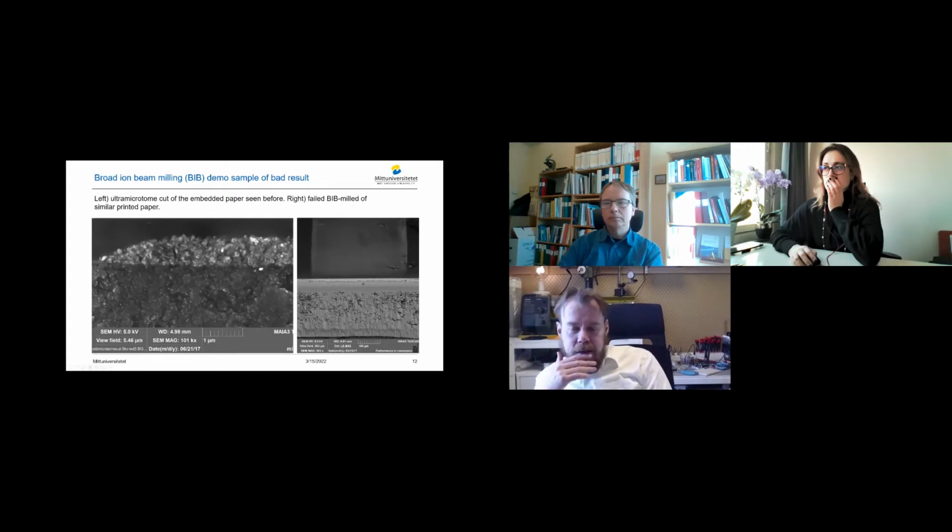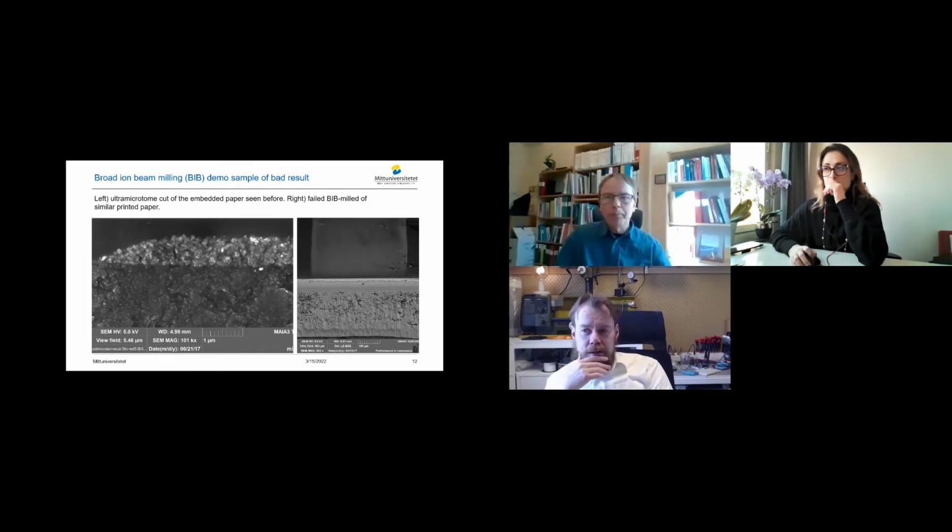The second example I want to show you is what happens if you use materials that are heat sensitive. It's only the right picture that is important here. The right picture shows a cross-sectional view of inkjet printed silver nano ink particles that have been printed on an inkjet paper.